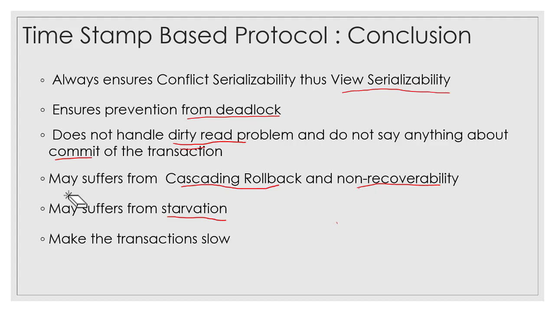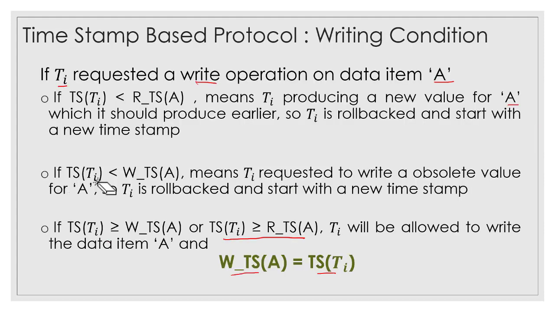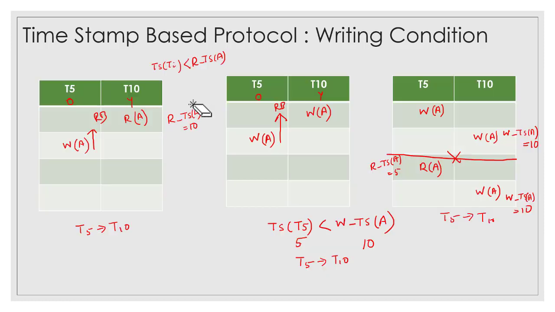Now there is a slight modification in the timestamp based protocol, and that modification is done in case of the write operation. What is that? Now this condition is modified. In this case, instead of rolling back the transaction Ti, we are just going to ignore the write request. So Ti will not be rolled back, but we are not going to perform the requested write operation by Ti.